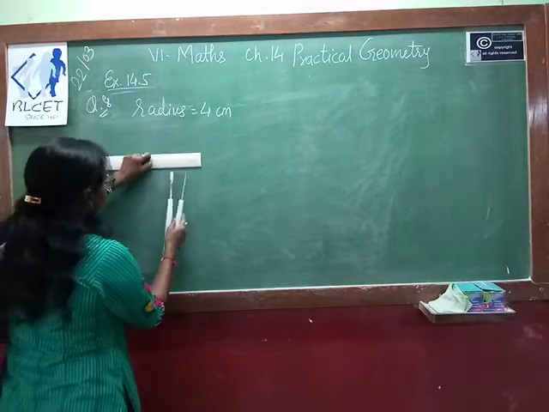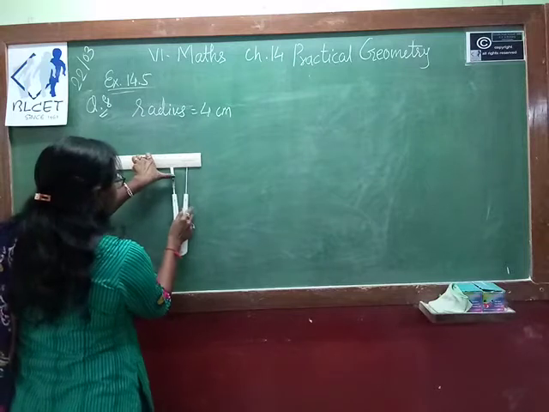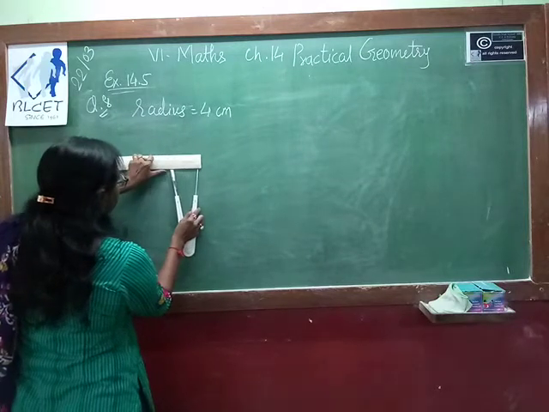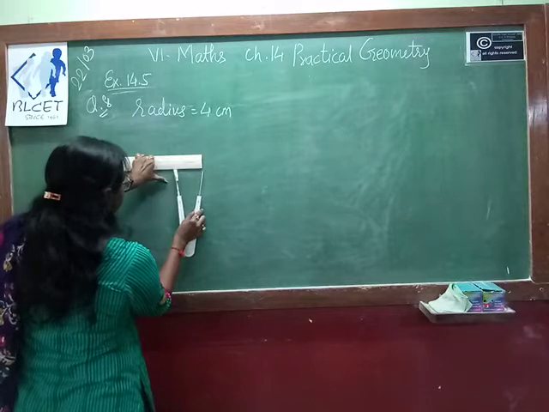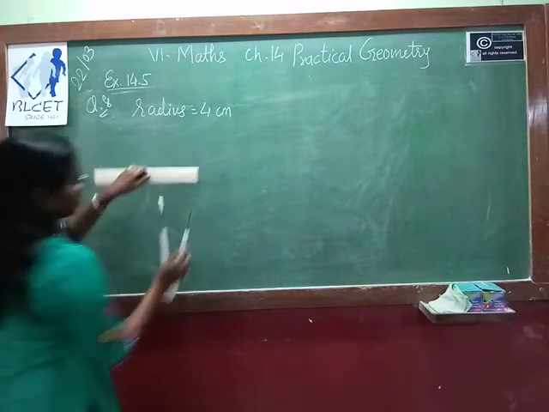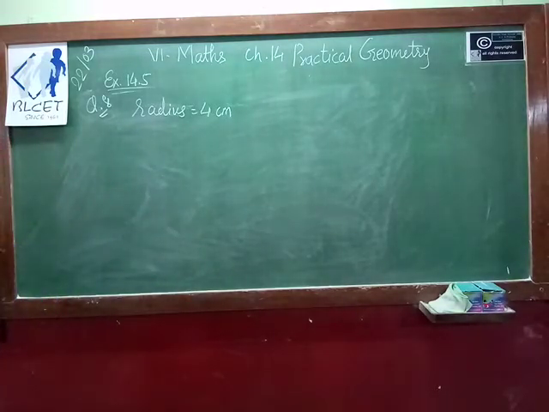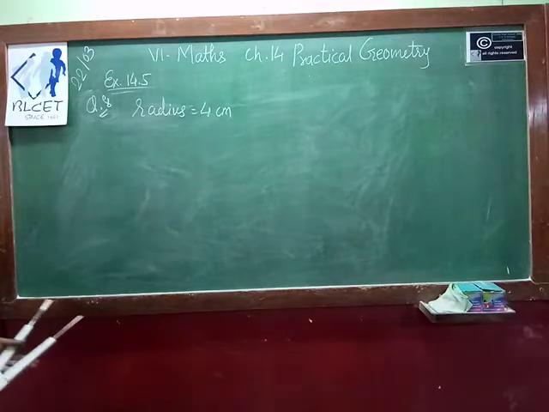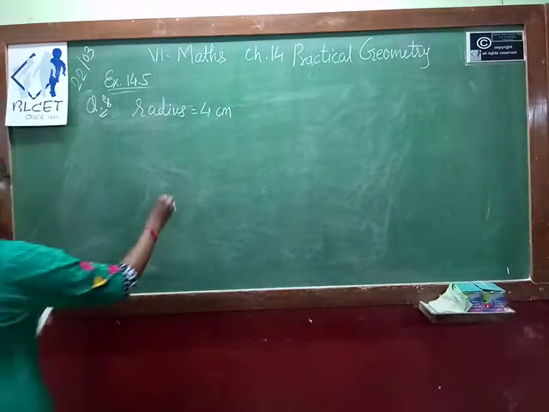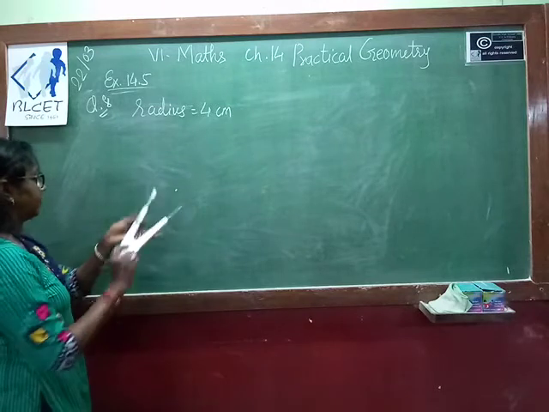So take 4 centimeter on the ruler. So this is your 4 centimeter. Now draw the circle.